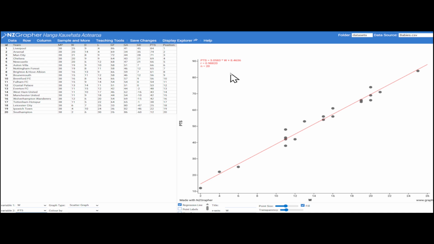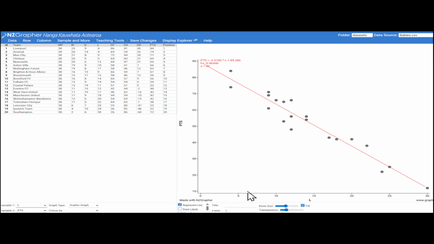Okay, so that's interesting. It's not really groundbreaking. Let's have a look at something else. So let's have a look at the number of losses. So along the x-axis now is the number of losses that a team has, and on the y-axis up here I've got the number of points.